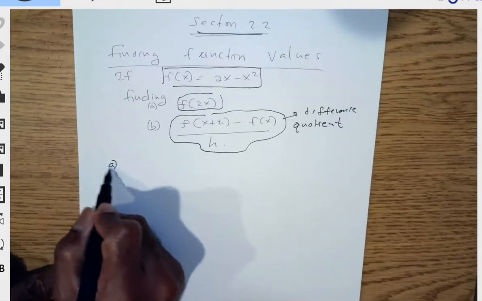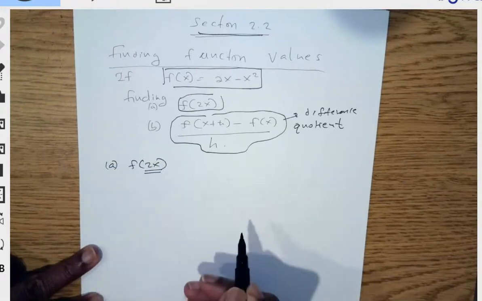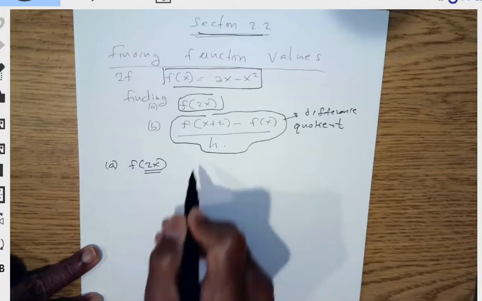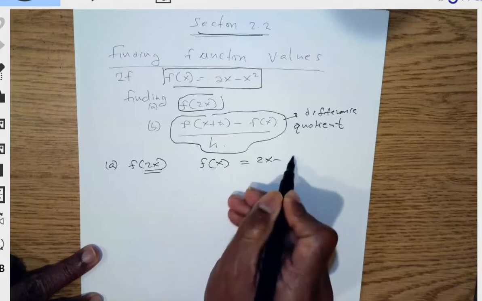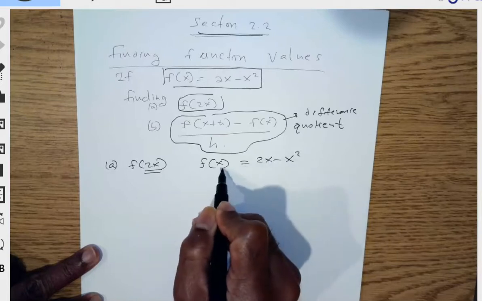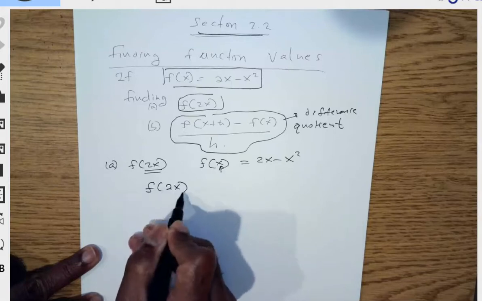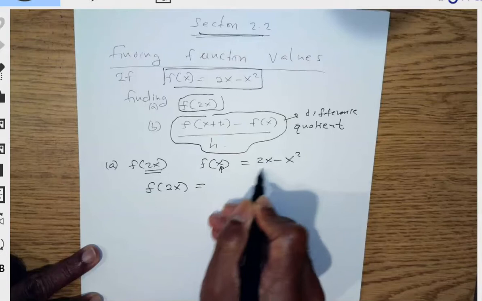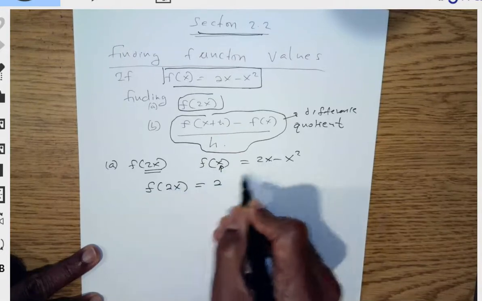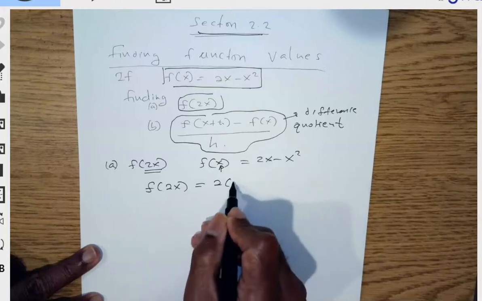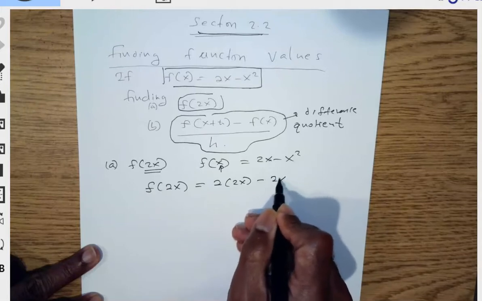So f of 2x. What's happening here is that you have changed the input of the function to 2x. You start with the function 2x minus x squared, where the input is x, and you change it to 2x. Wherever you see x, you replace the x by 2x.